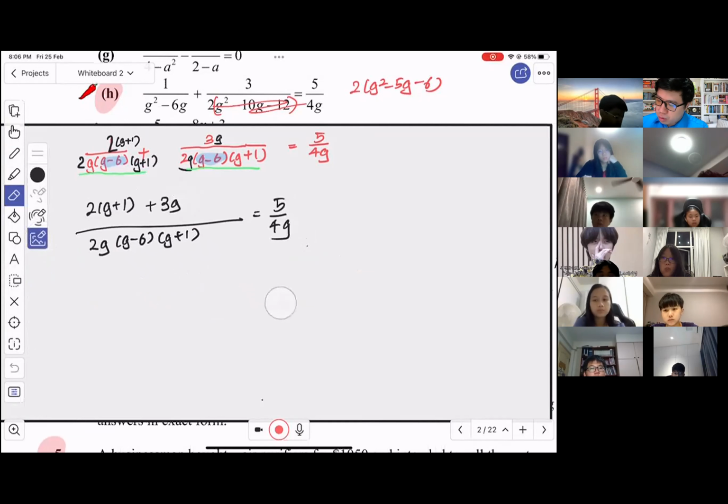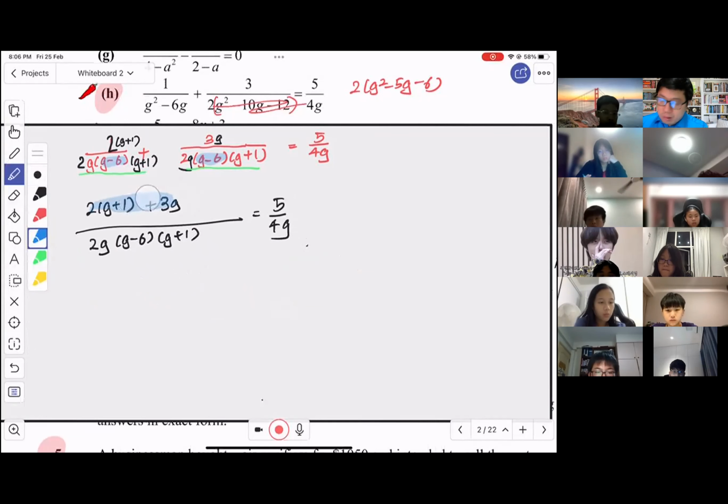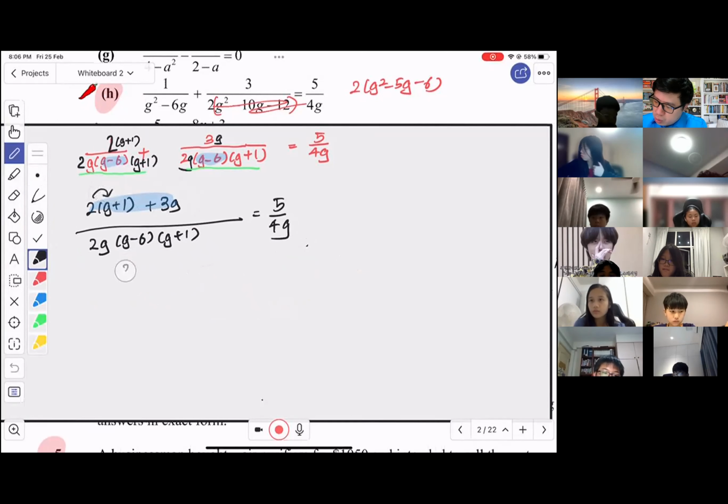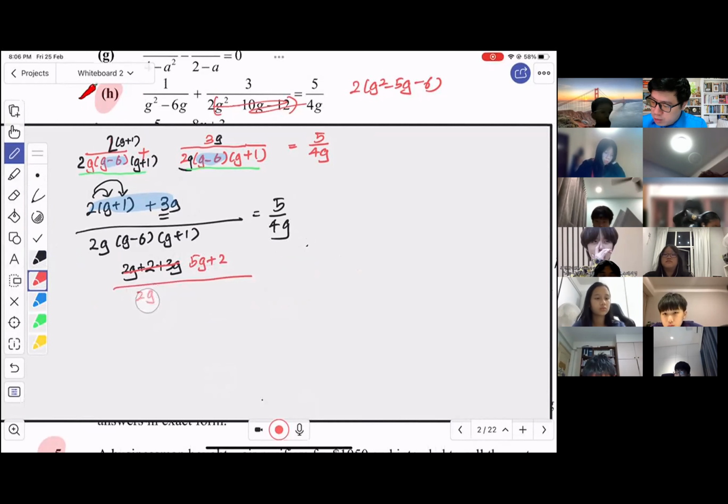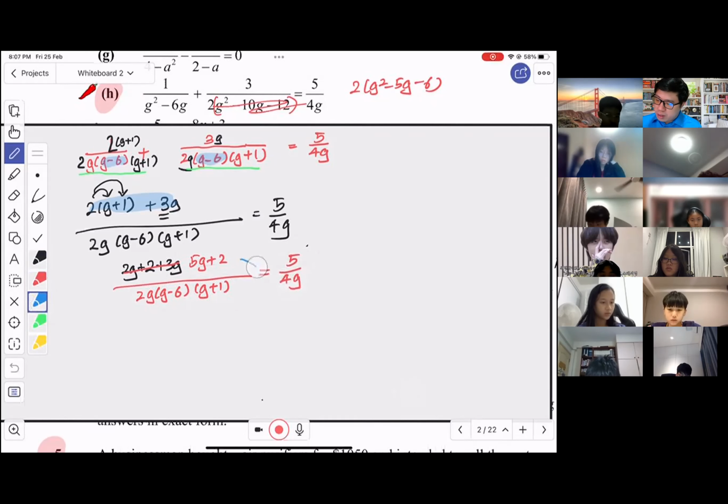What I do is simplify first: 2g plus 2 plus 3g gives 5g plus 2 over the denominator. I don't have to expand yet. I can wait until I cross multiply. If you want to expand early that is fine, just that it may get more loaded once you have a lot of terms.